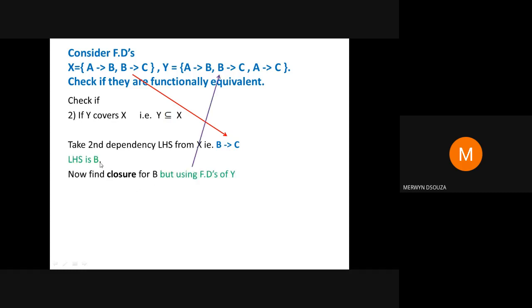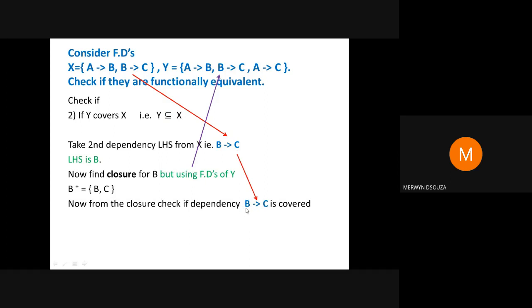Now take the second functional dependency of X, B determines C. Take the left hand side B and find the closure for B using the functional dependencies of Y. B closure is B and C. Now check whether this FD is covered.